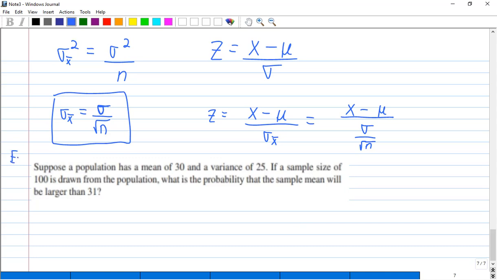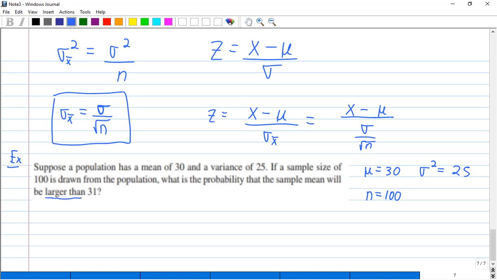All right. So this says, suppose a population has a mean of 30 and a variance of 25. So I have a mean of 30 and a variance of 25. If a sample size of 100 is drawn from the population, what is the probability that the sample mean will be larger than 31?